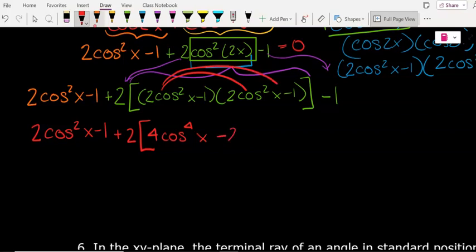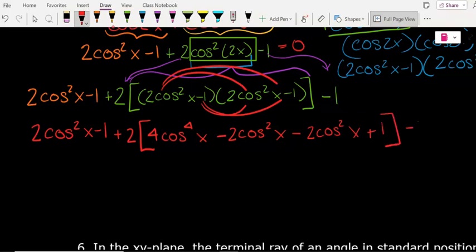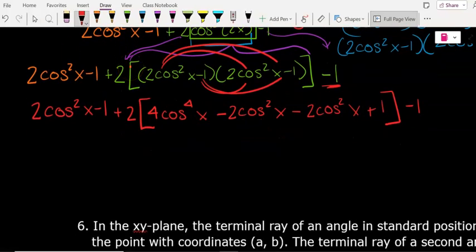So that gets me negative 2 cosine squared x. I'm going to do negative 1 times 2 cosine squared. So then that's going to get me negative 2 cosine squared x. And then I'm going to have negative 1 times negative 1. So that's positive 1. And I still have that minus 1 on the end. Don't forget that little guy. Okay. All right, we're getting somewhere.